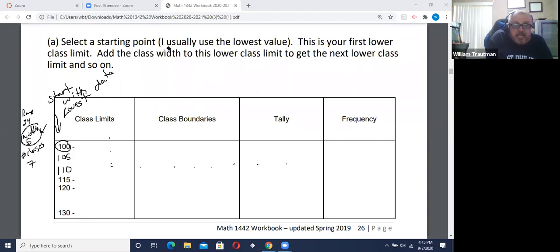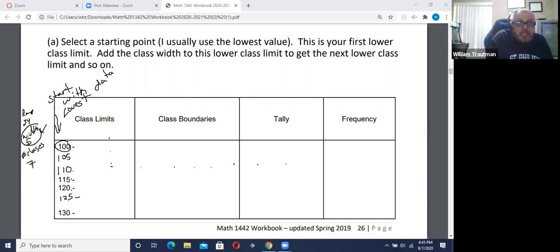And if we look, they have this table kind of filled in to see if you can make a mistake or not. 115 minus 110 is 5. 120 minus 115 is 5. So then the next thing would be 125 and then 130. So we have all our lower class limits done.